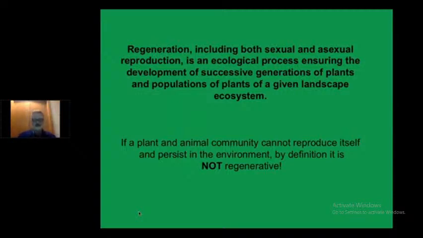But if you're just growing corn, and it's not part of a successional pathway, it can never be regenerative, according to the definition of what regeneration is.